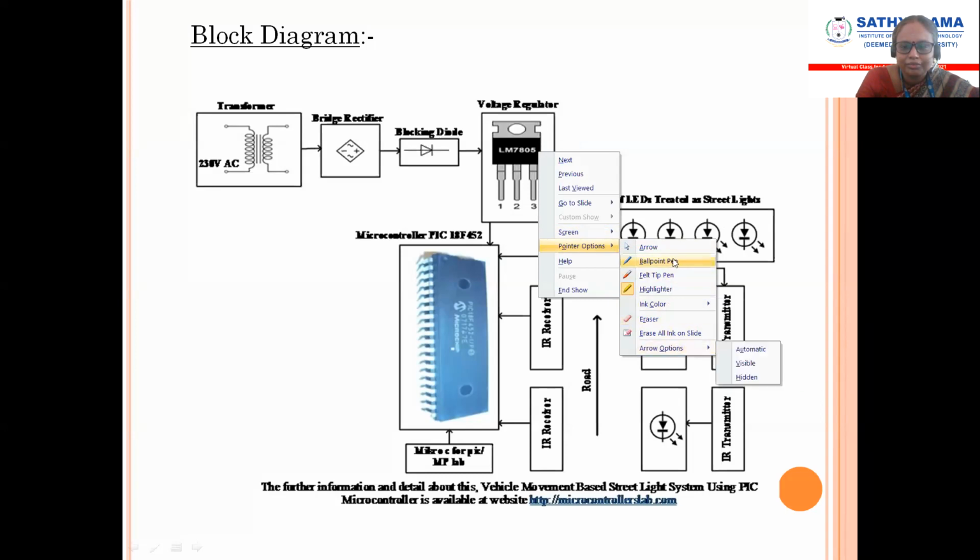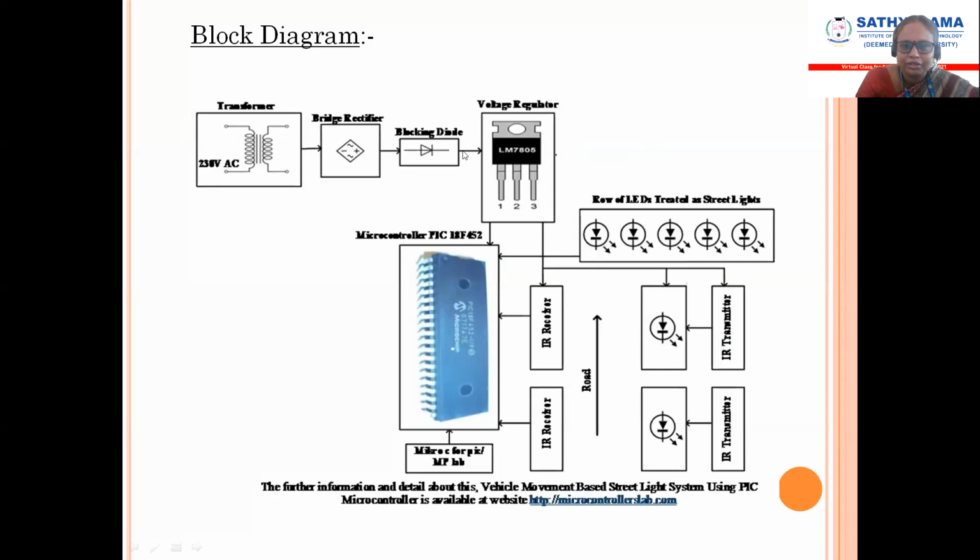But I'll use the pointer. Okay, now the blocking diode is used for protection of the circuit, and the voltage regulator decreases 12 volts to 5 volts, which helps our microcontroller, which is only applicable using 5 volts.